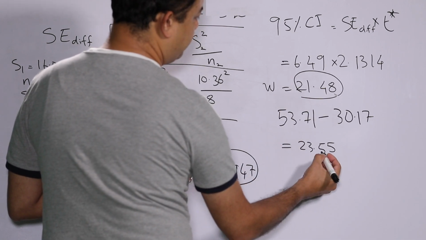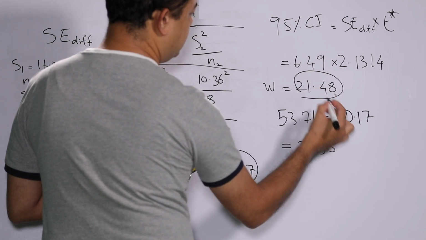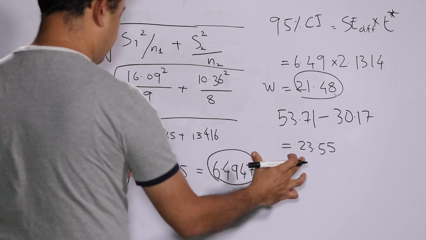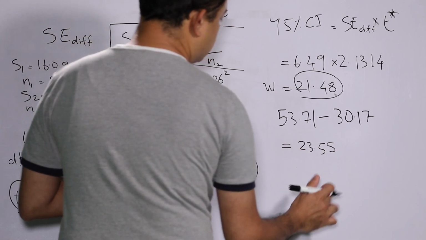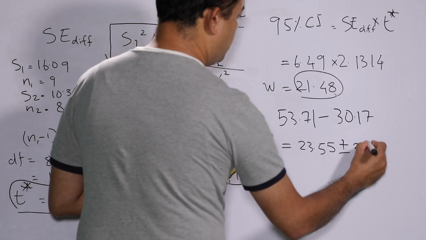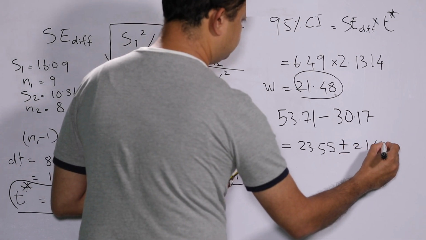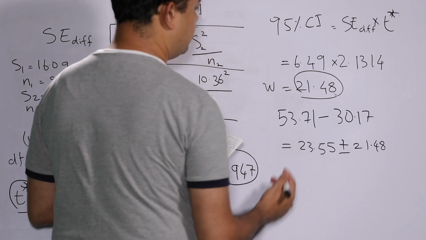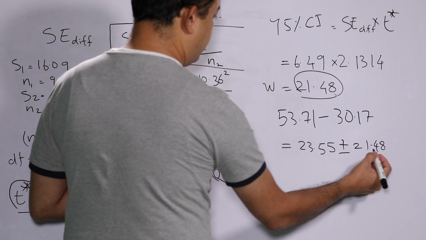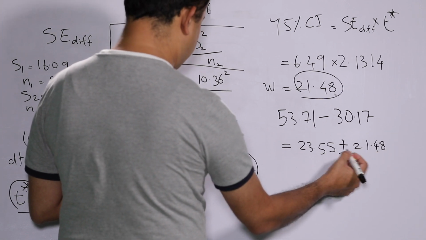So 23.55 plus 21.48 and 23.55 minus 21.48, this is exactly our confidence interval. So 23.55 plus or minus 21.48. This is our 95% confidence interval. So let us calculate minus first.